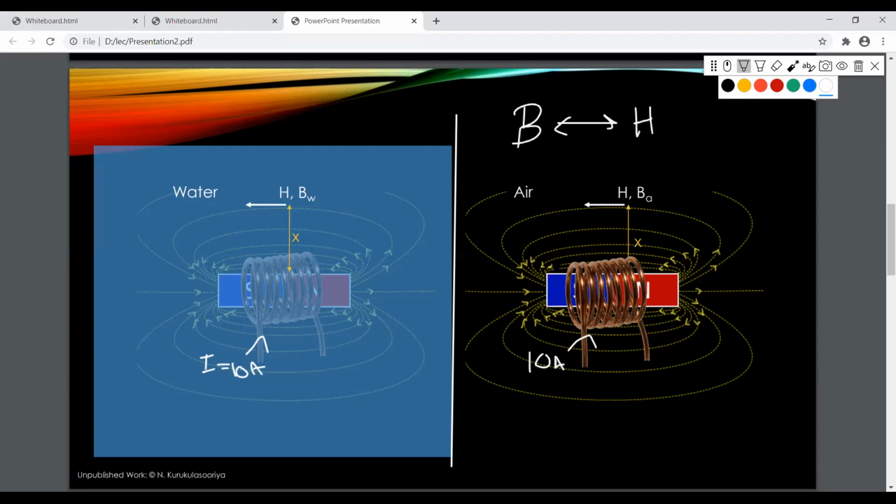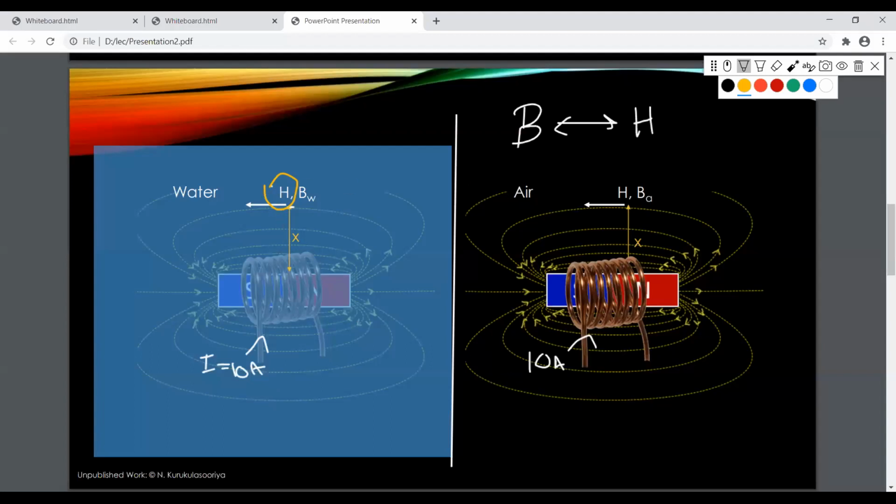Now, according to Ampere's law, if you consider a point which is some distance away from the coil and in the same direction, you can prove that the magnetic field intensity is only dependent on this current. The number of turns is the same for both scenarios, and the current is the same.